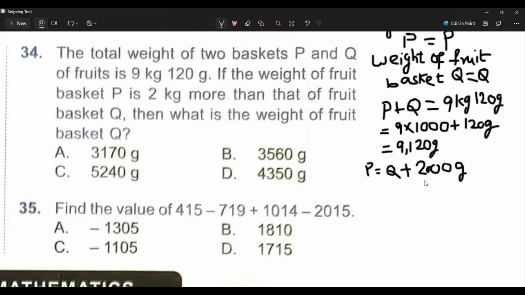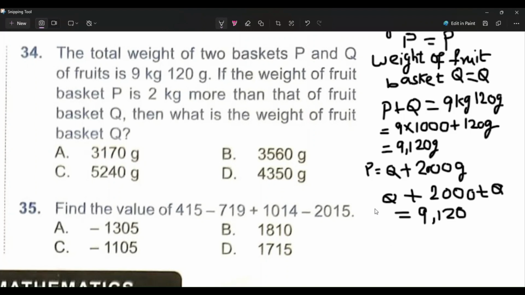So P is equal to Q plus 2000 grams. So substitute here Q plus 2000 plus Q is equal to 9120 grams.